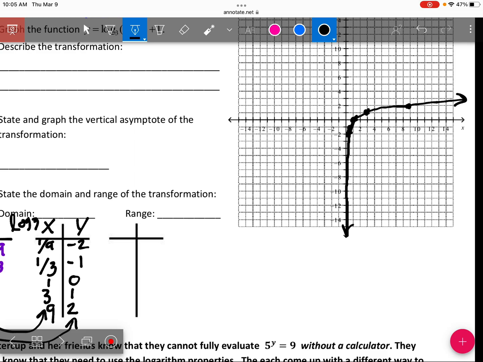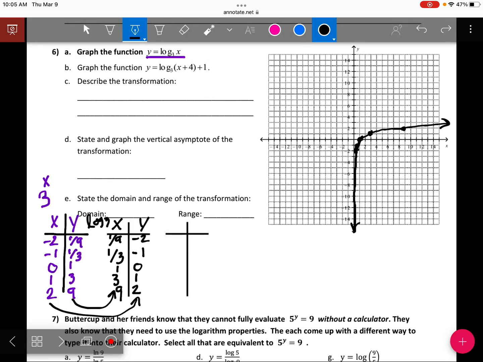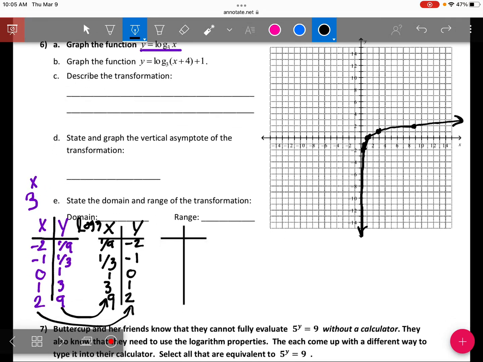So my parent function kind of looks like this. Questions on the parent function for this?